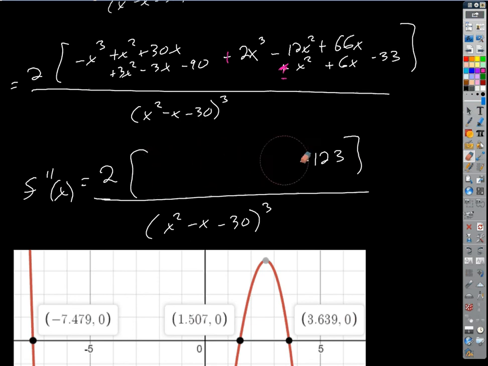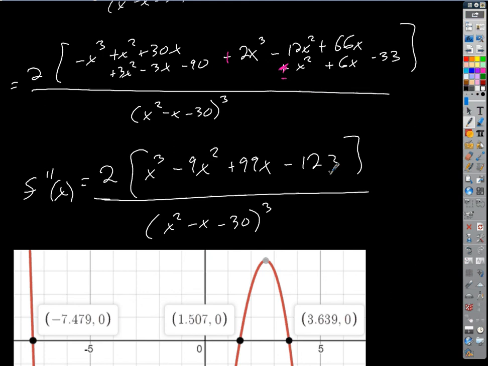I'm just going to do all this again, just to make sure. So that's going to become an x cubed. We're going to get 4x squared minus 13x squared, so that's going to be minus 9x squared. We're going to get 27 and 72 is 99, and then minus 123.